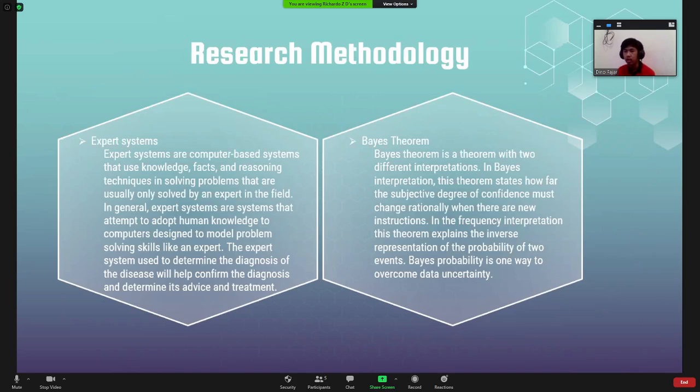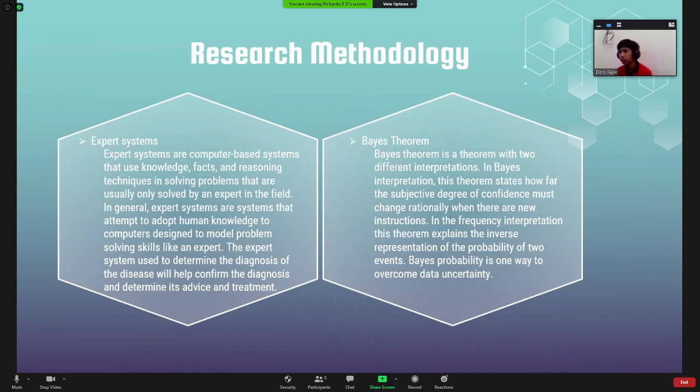In general, expert systems are systems that attempt to adapt human knowledge to computer design to model problem-solving skills like an expert. The expert system used to determine the diagnosis of the disease will help confirm the diagnosis and determine its advice and treatment. Bayes' theorem is a theorem with two different interpretations.